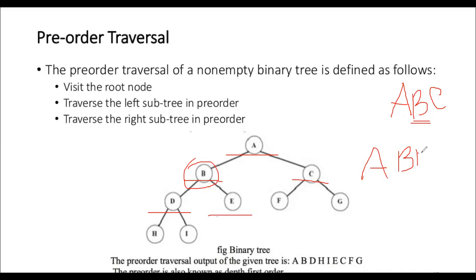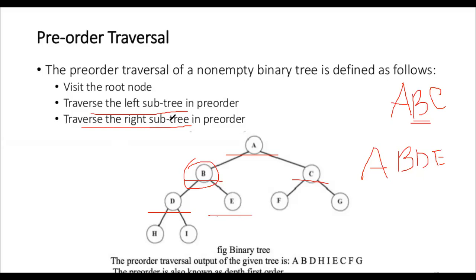So D and E. So there is another name for it. Instead of that, we can say visit the left child and visit the right child, or we can say traverse the left child or traverse the right child. The bookish term here is, we call it traverse the left subtree, traverse the right subtree. So basically what I want to say is that it's totally up to you what you call it, but the operation is actually very simple.